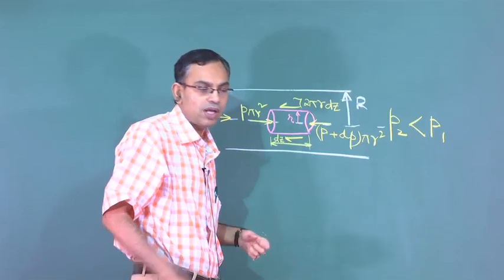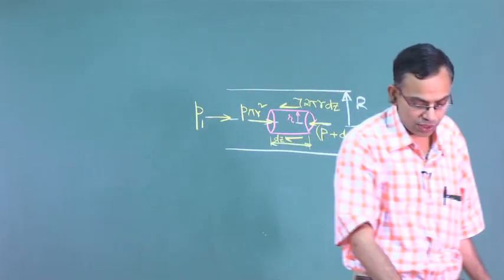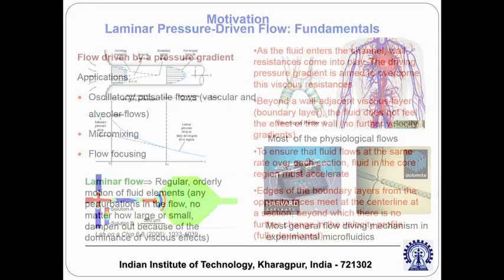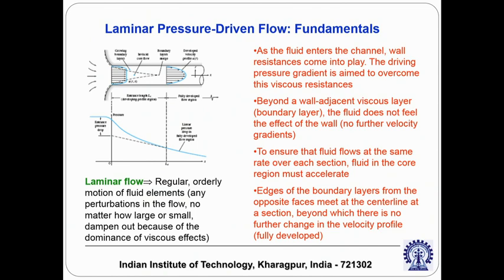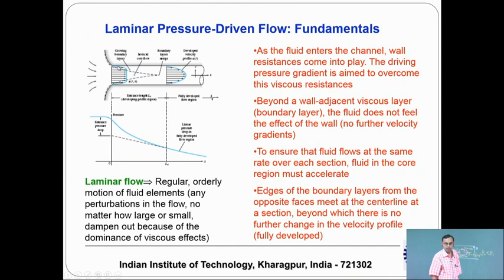So, to give you a qualitative understanding of what is a fully developed flow, I will try to go through this slide. You see here that the fluid enters the pipe with a velocity profile such that there is a layer close to the solid boundary where the viscous effects are important, but as you go away from the solid boundary the viscous effects become less and less.